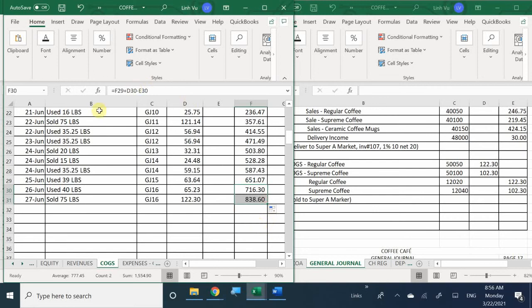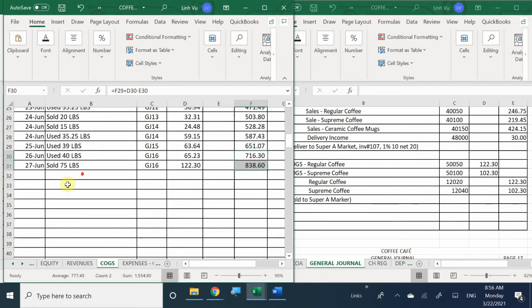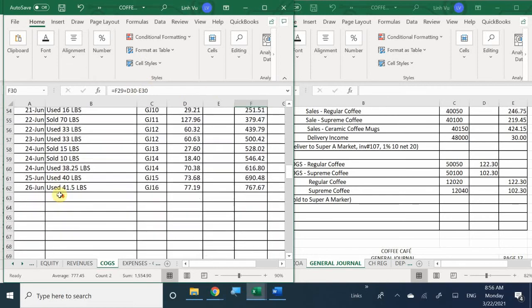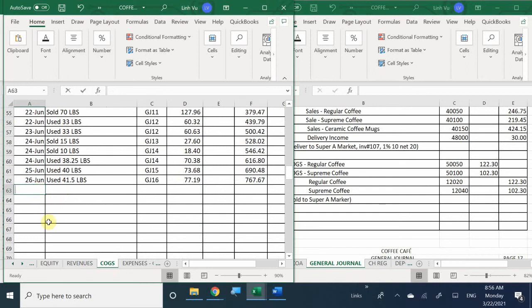Good. What about Supreme Coffee? We sold 55 pounds for 102.30.